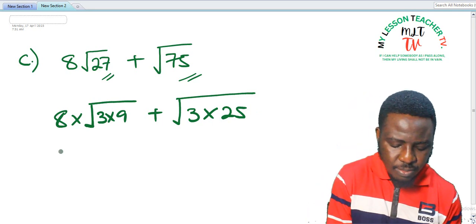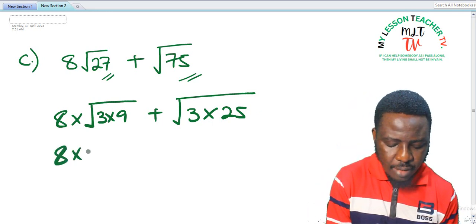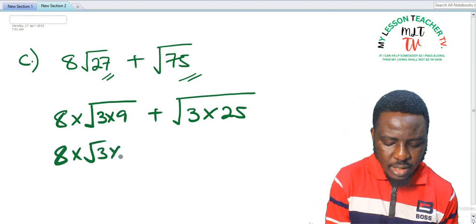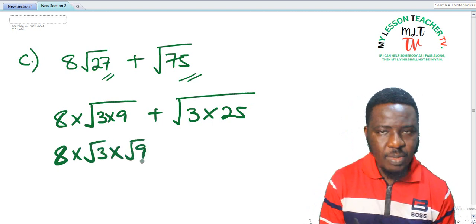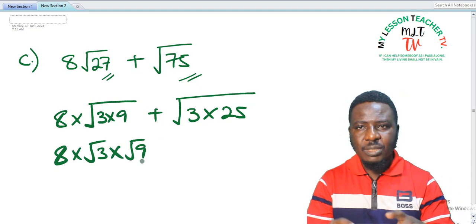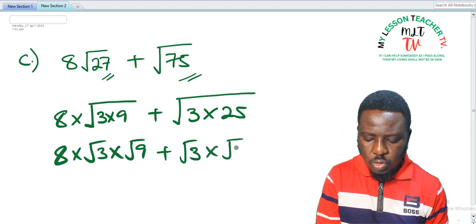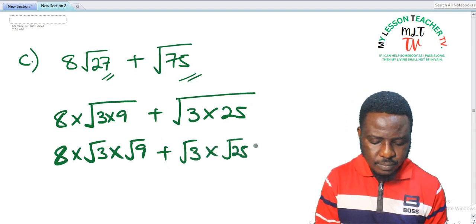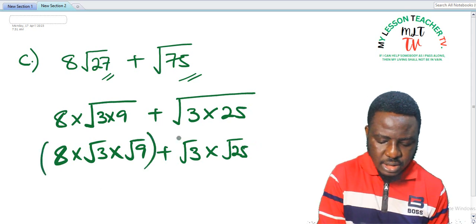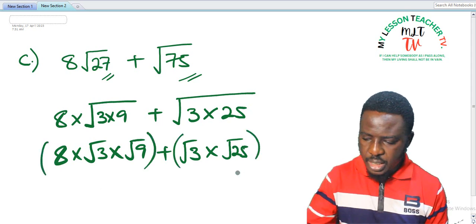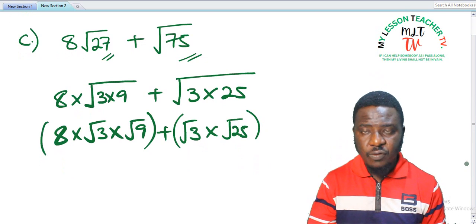So this can be simplified to be 8 times root 3 times root 9. Remember what we did? I'm only trying to simplify them. Plus, this becomes root 3 times root 25. So remember, this is still in brackets so as not to confuse yourself.